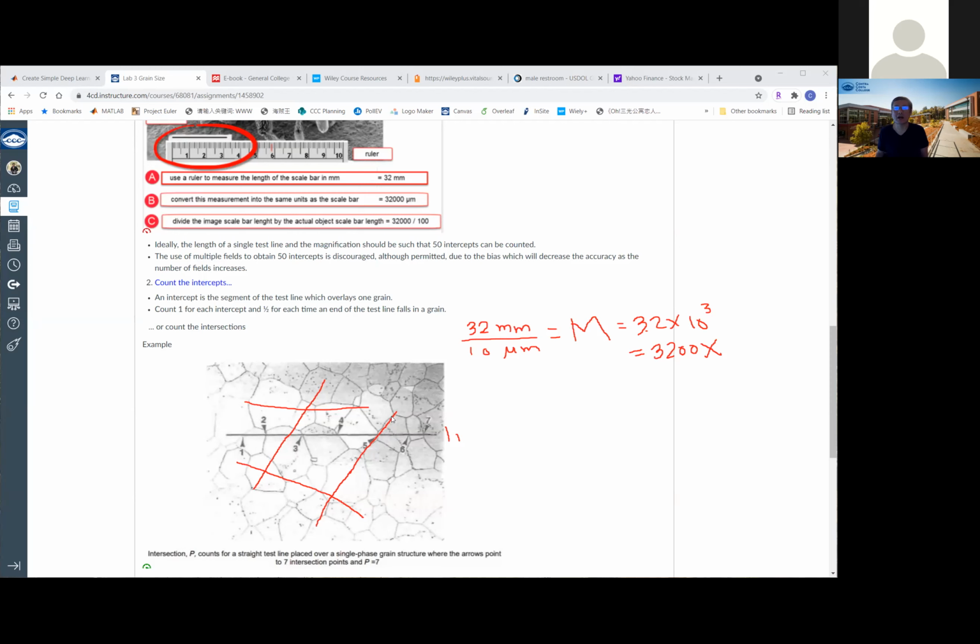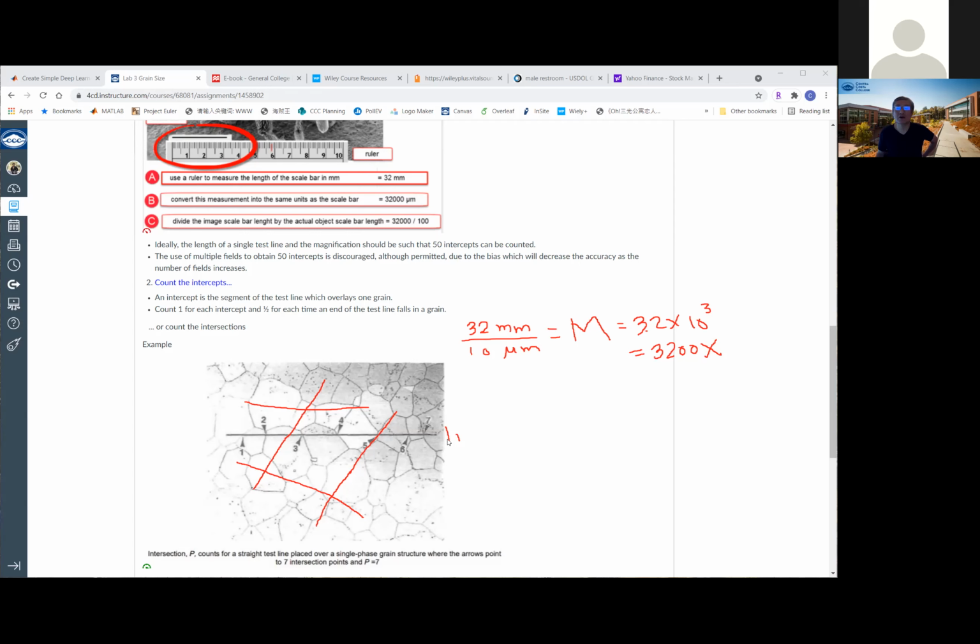I want you to draw the lines as long as you can, because the longer the line, the better the number you're going to get. So you draw about 10 to 15 centimeters. It's better that you draw the same length, but it doesn't necessarily have to be the same length. So you draw 10 lines, you measure the length of each one of them, and you sum them all together.